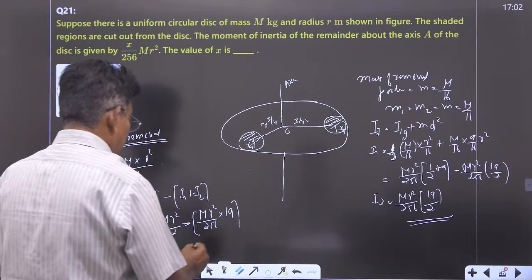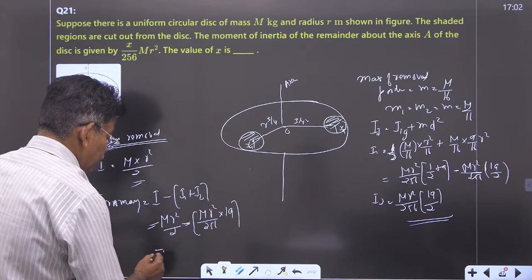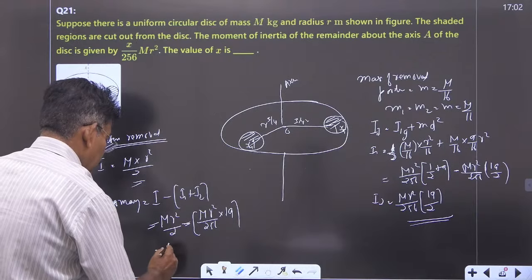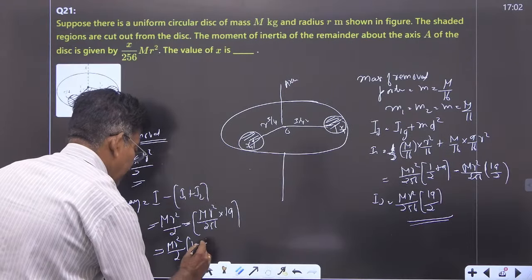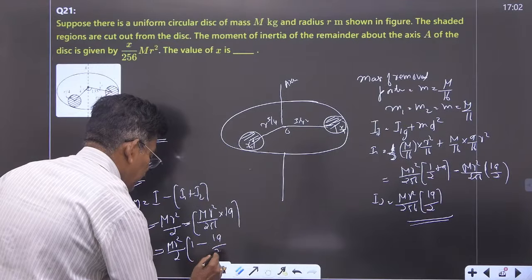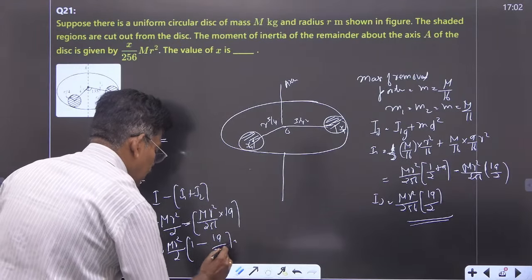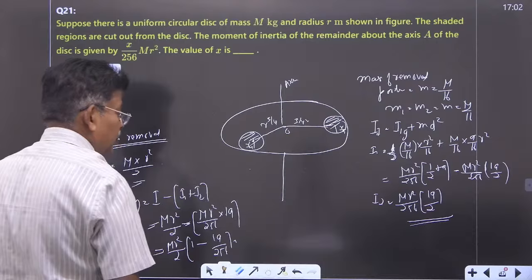Then subtracting, MR squared by 2 will be coming out. 1 minus 19 by 256, that is 256 by 19.